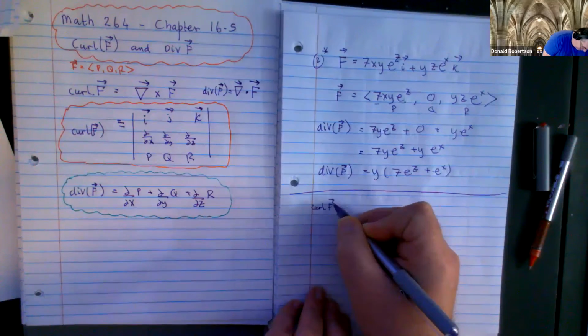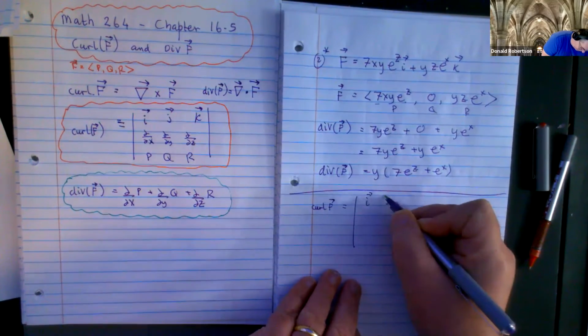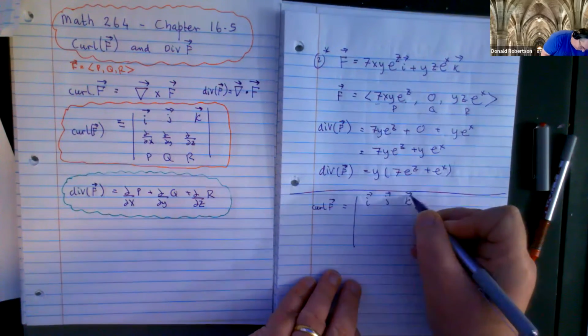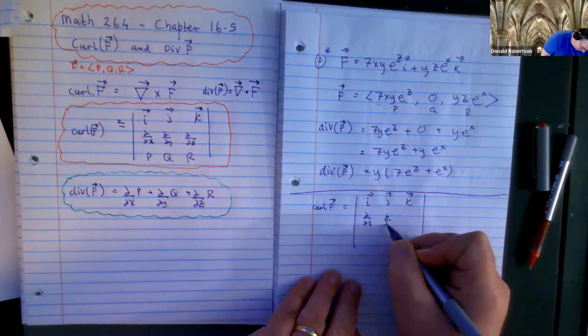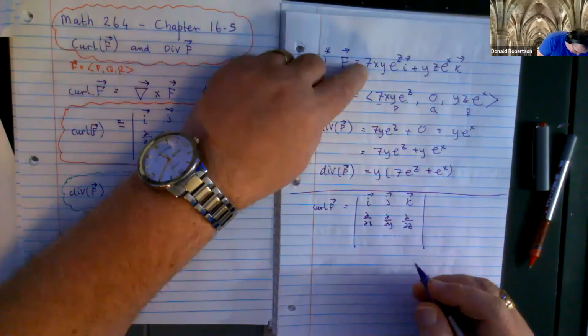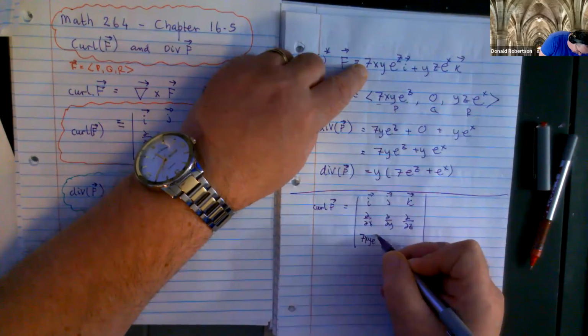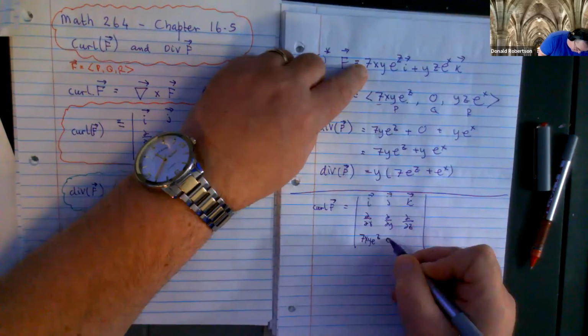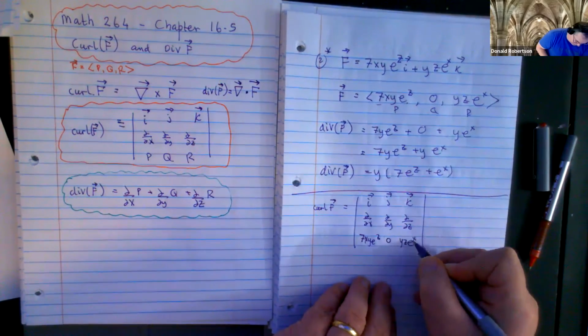Curl of f then is going to be i, j, and k, our operators, and we're going to have 7xy e to the z, 0, and yz e to the x.